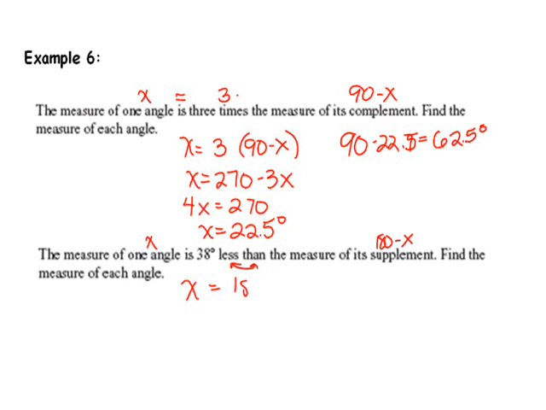So I take 180 minus x and I subtract 38 from it, which means that I wind up with x equals 71 degrees. So if one angle is 71 degrees, the other angle must be 109 degrees since they are supplementary. If you have questions, be sure to ask about them tomorrow.